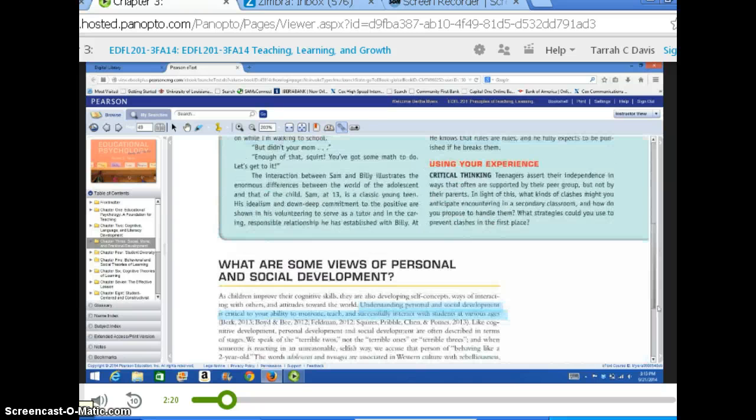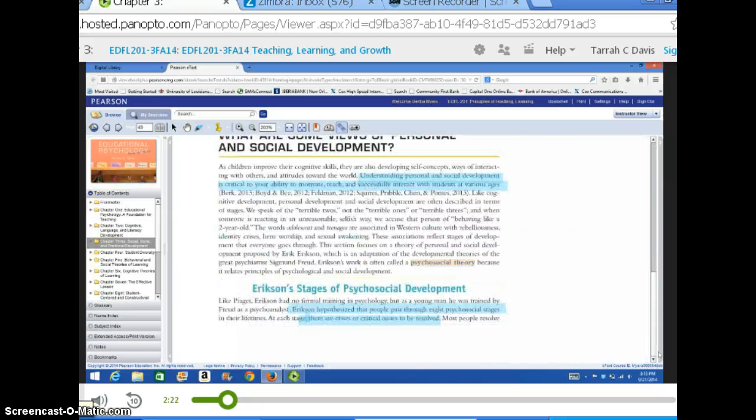The very first theory we will be discussing is Erikson's, as well as Piaget. Erikson and Piaget had stages of development, and Erikson's stages are all centered around crisis.